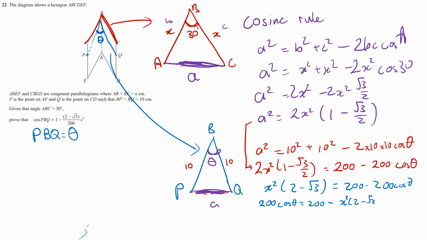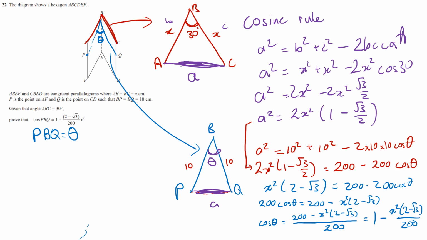So cos theta is then 200 minus x squared times 2 minus root 3, all over 200. Dividing that through, 200 divided by 200 is 1, and then if I leave the rest over a bracket, I've got minus x squared times 2 minus root 3 all over 200, which is what I'm looking for.